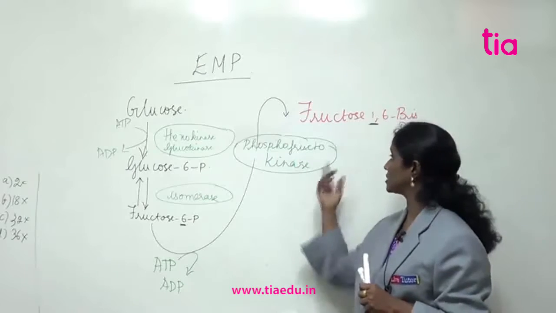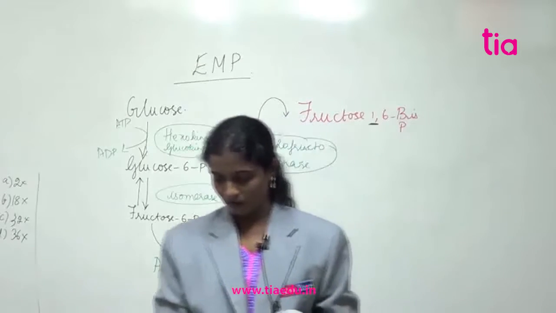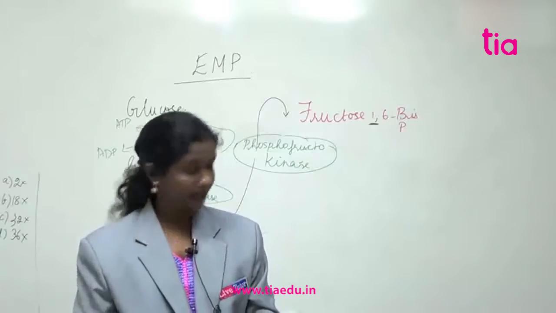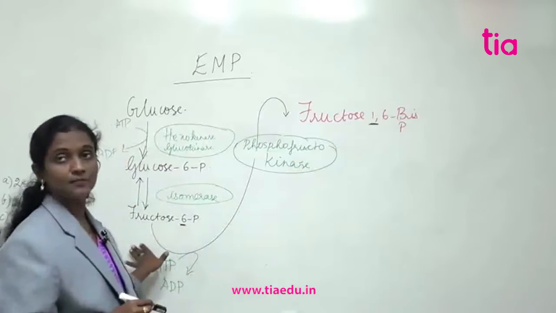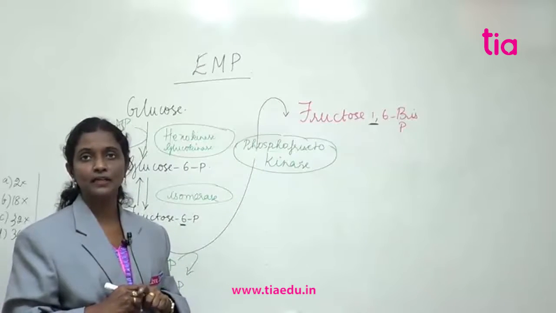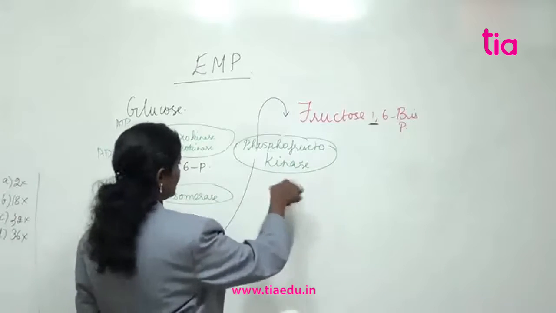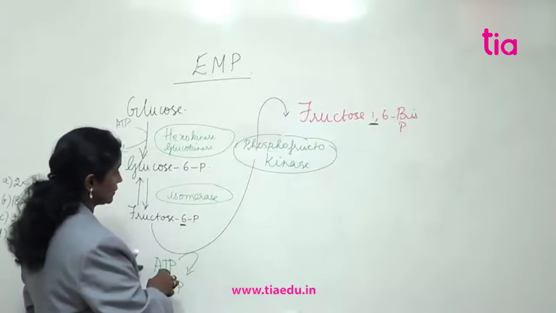Fructose 1,6-bisphosphate is going to get converted, from the fourth step onwards. We said the previous step is an irreversible reaction.